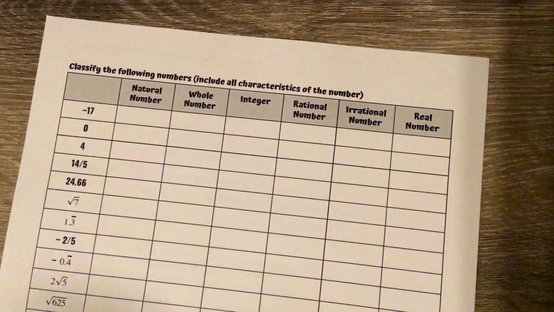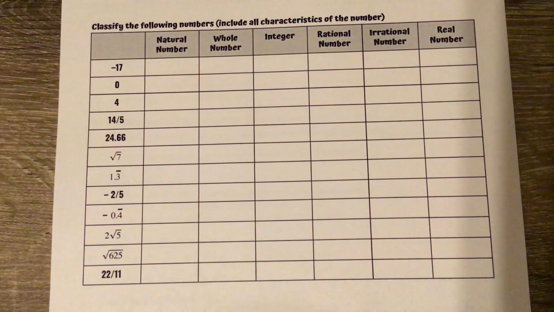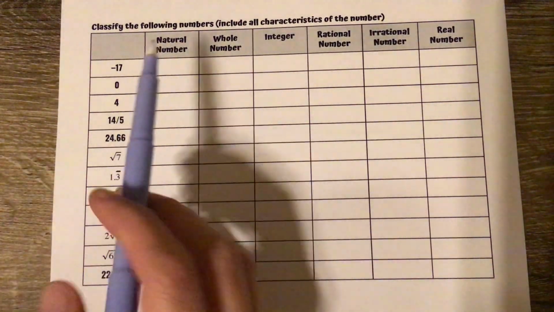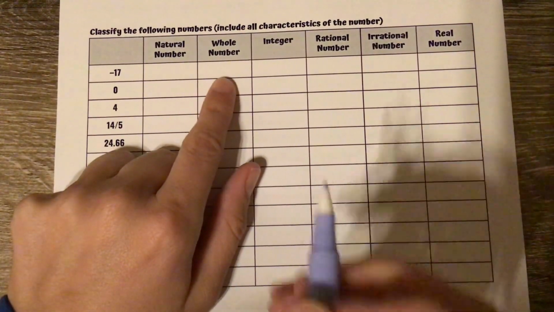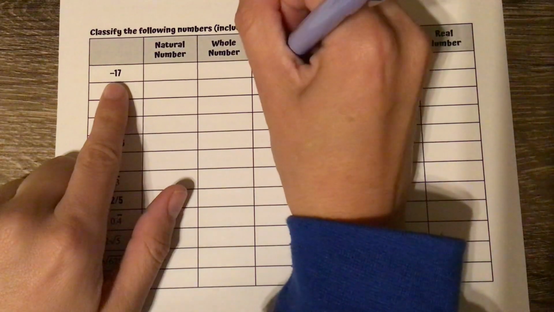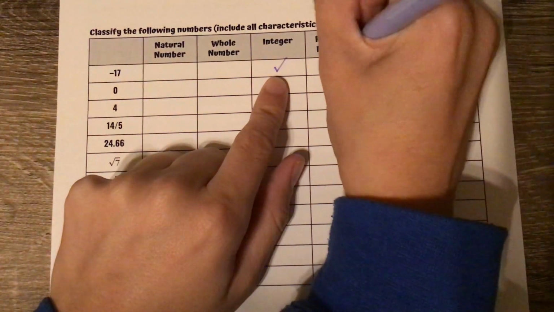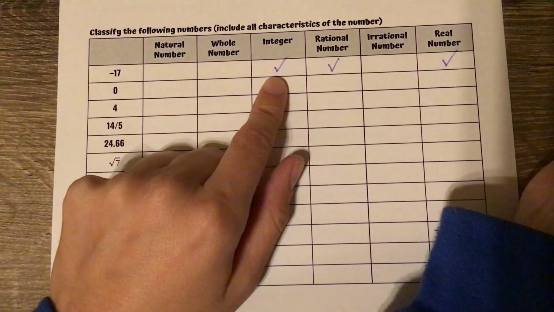So let's look at what this means. We're going to be looking at these numbers and categorizing them, putting a check next to which ones they apply to. So as soon as I see a negative, I know it's not natural, I know it's not whole. Since there's no decimals or fractions, it is an integer, and automatically, if it's an integer, it's also a rational number, and it's also a real number.